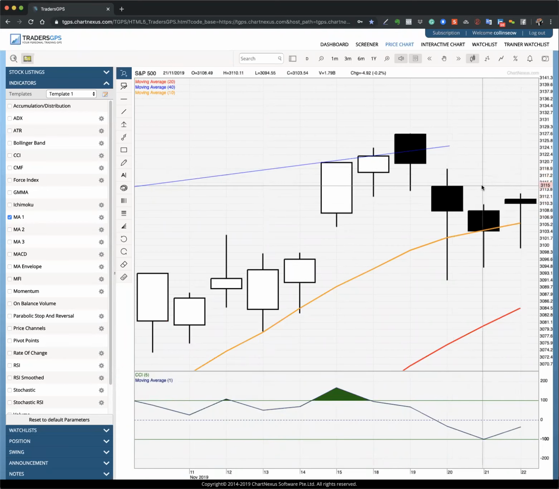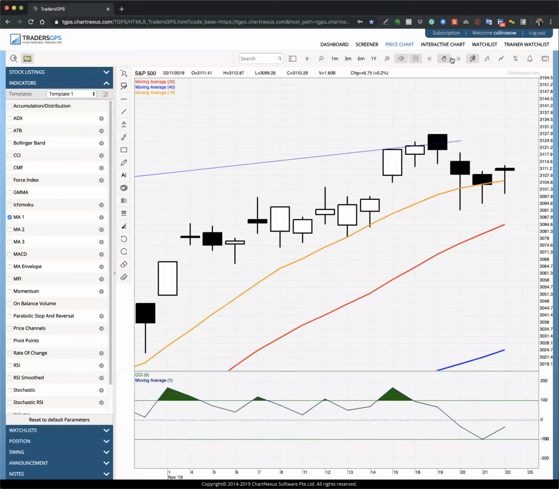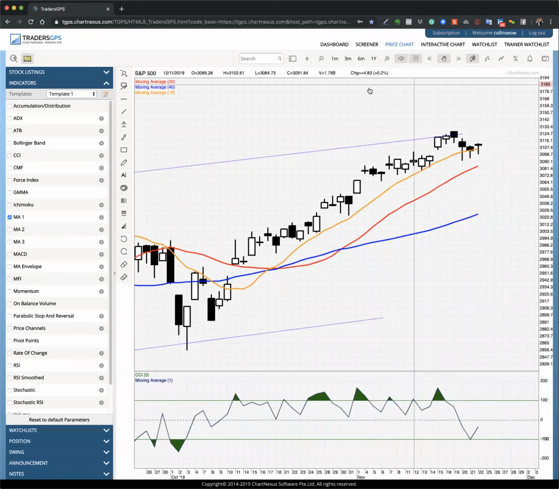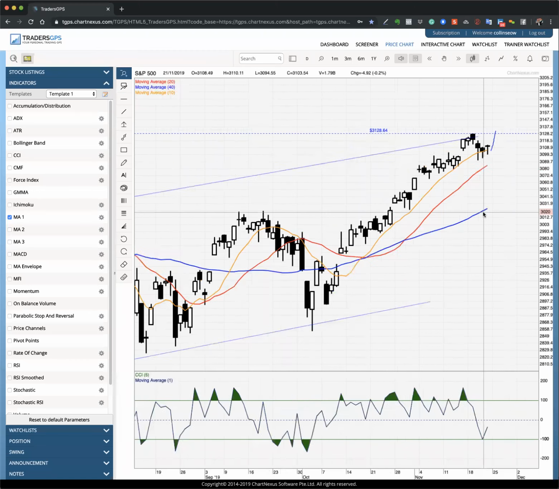So there is another possible swing on the daily charts, and this will bring us at least maybe back to this level, which is the previous resistance.